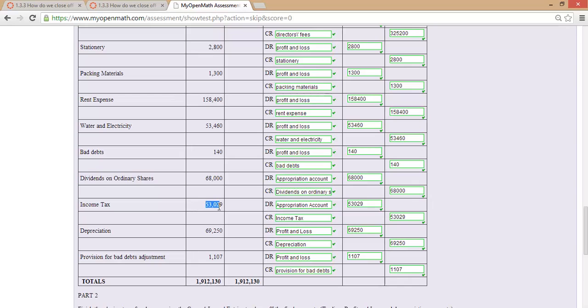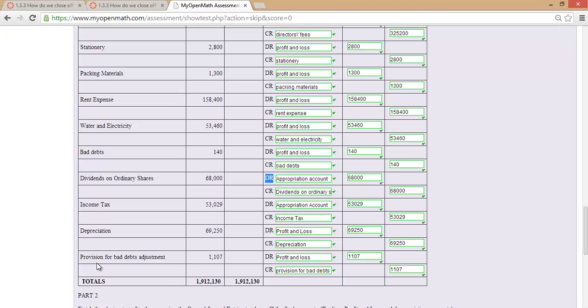Since these two also have a debit total, we're going to close off the debit total by recording a credit on that specific account. So credit dividends and credit income tax, and then we're going to debit the appropriation account. Let's just show you the ledger.